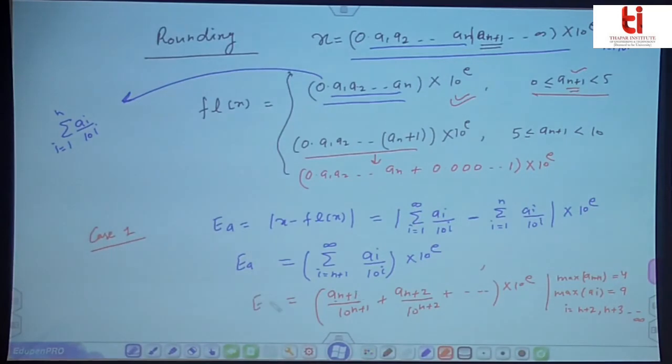Okay, so we'll replace a(n+1) by its maximum value and a(n+2), a(n+3) by their maximum values. So what are we getting here? We are getting |x minus floating of x| is at most: a(n+1) upon 10 raised to power n plus 1, plus a(n+2) upon 10 raised to power n plus 2, plus a(n+3) upon 10 raised to power n plus 3, and so on, going up to infinite, into 10 raised to power e.